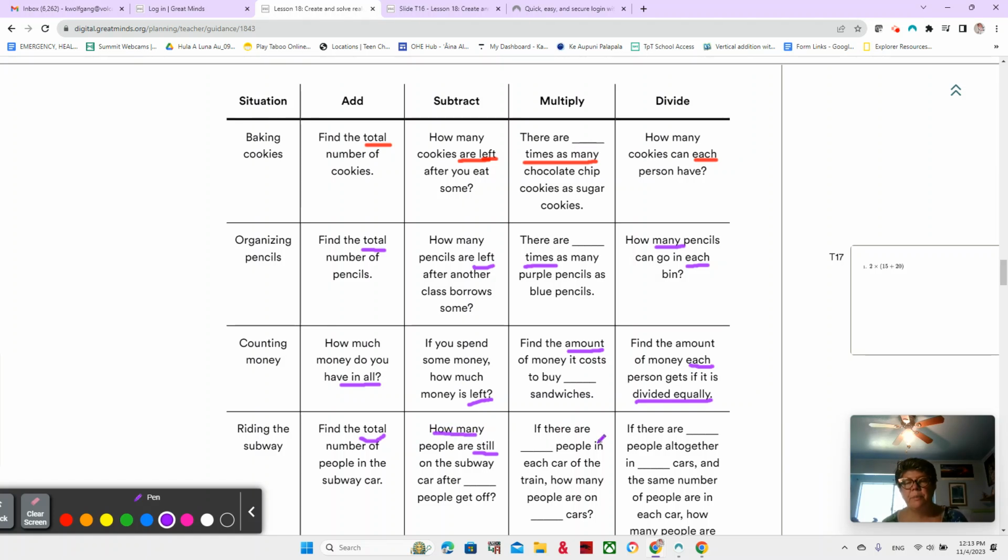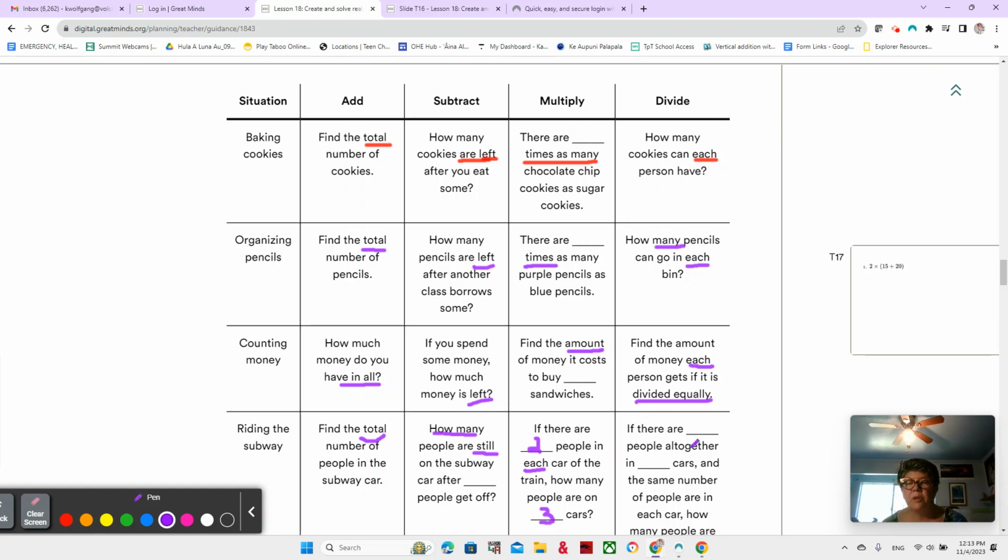If there are blank people in each car of the train, how many people are in blank cars? Okay, so once again, each can be multiplying or dividing, right? If we have 2 people in each train car and there are 3 train cars, that would be 3 times 2 is 6, right?